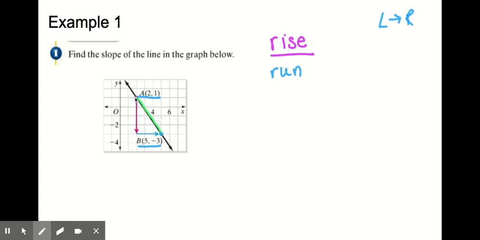So to get from point A to point B, first I'm going to go down. And if I count the lines, I'm going to go down 1, 2, 3, 4. So my rise is going to be -4, because remember, when we move in this downward direction, that is a negative slope.